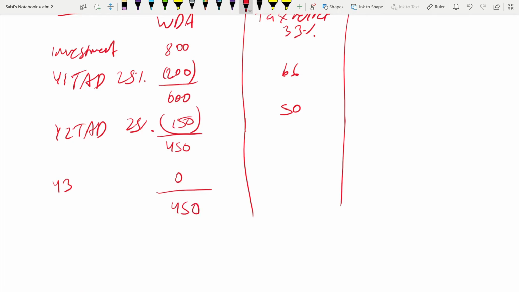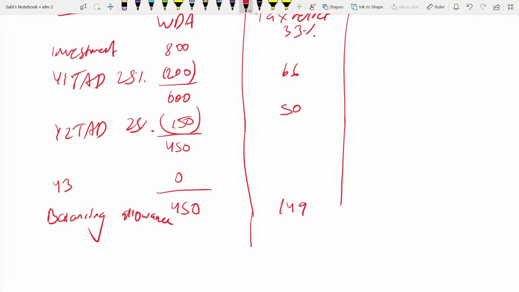This 450 is known as balancing allowance. Remember, if it's a positive figure, it's a balancing allowance. Otherwise, it's a balancing charge, a negative figure, which means sale proceeds are more than the closing balance. And on this 450, you take 33%, 149.